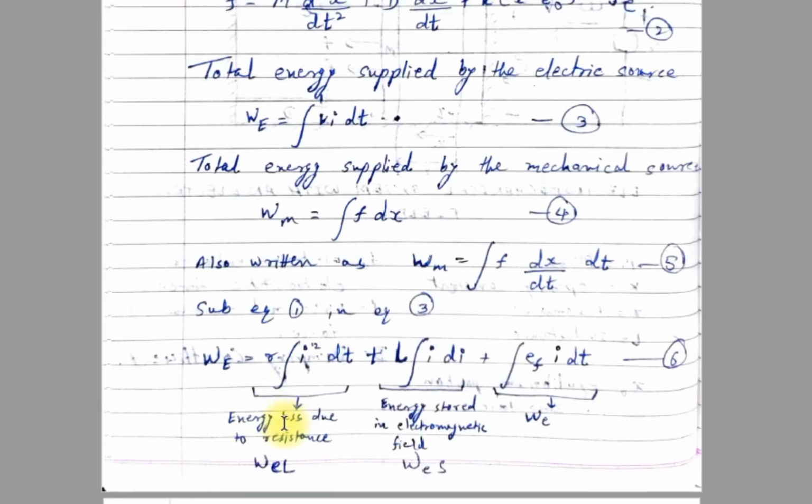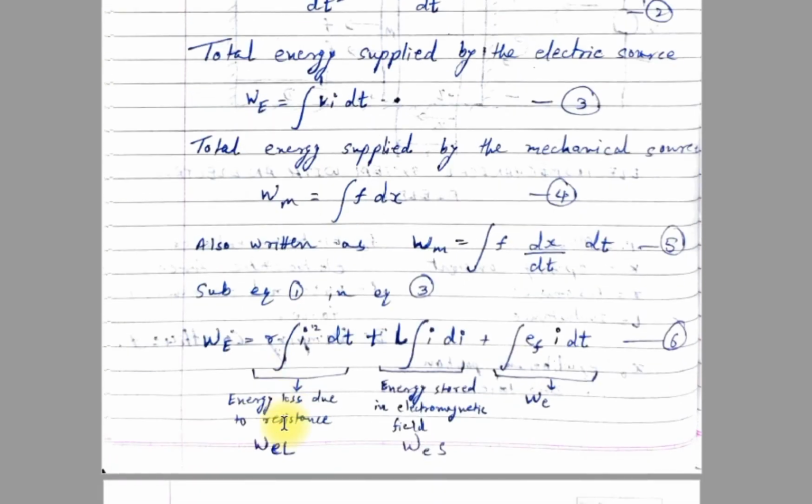Now if you look here, the first term is nothing but the energy loss due to the resistance, I square R, as we say, which is WEL. If you look at the second term, it is nothing but the energy stored in the electromagnetic system. So this is nothing but my WES, and the final term is my We.